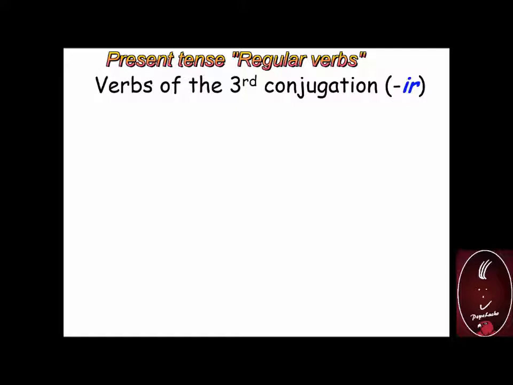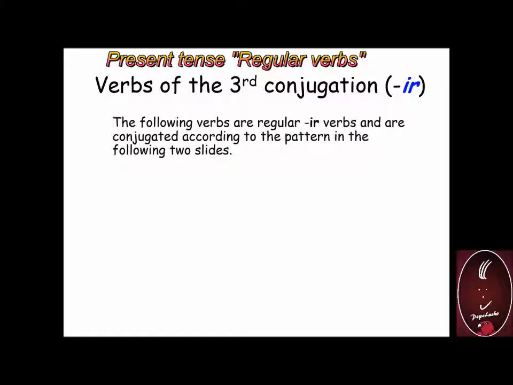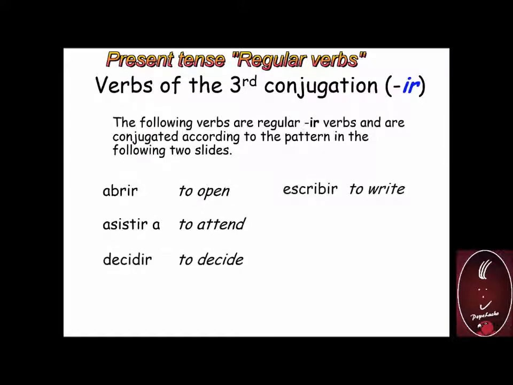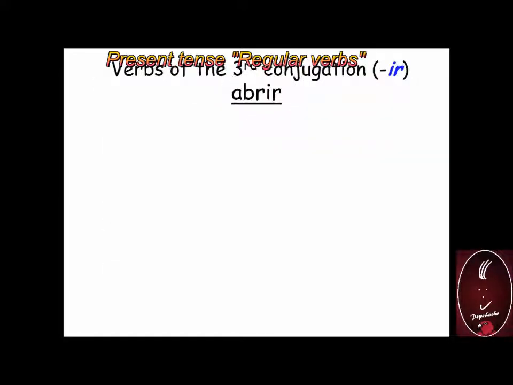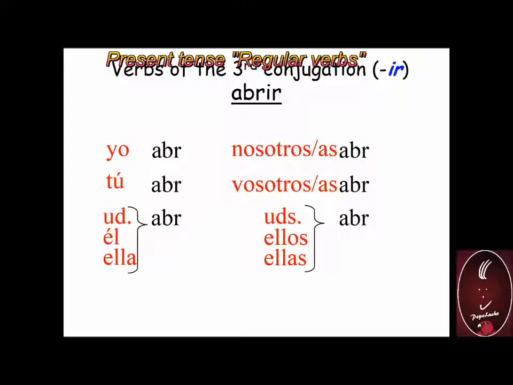The third group, IR verbs. Some examples: abrir, asistir a, decidir, escribir, recibir, vivir. Let's use abrir, to open. Drop the ending, it's a stem, subject pronouns, and the corresponding ending.